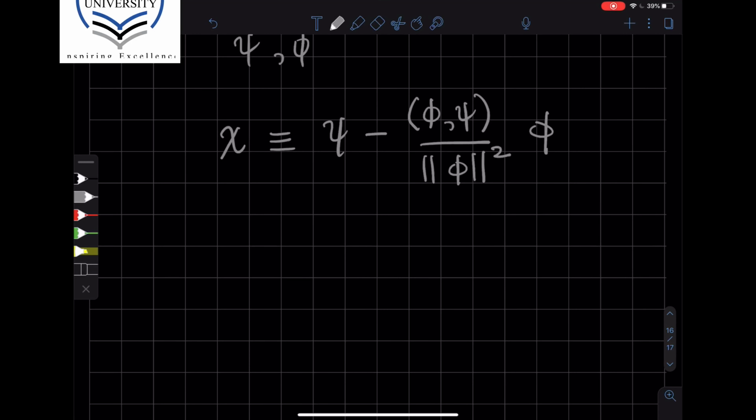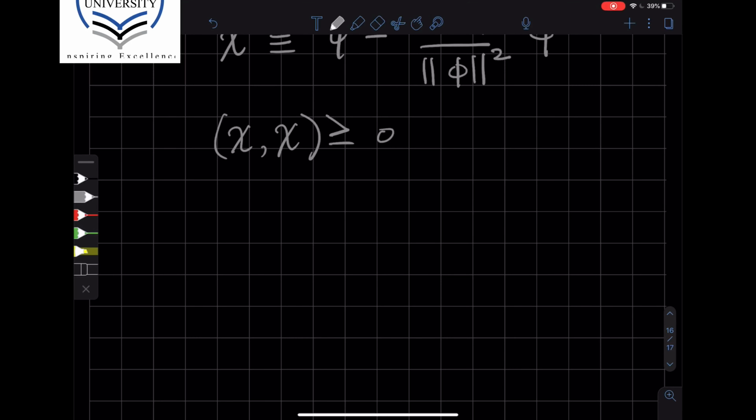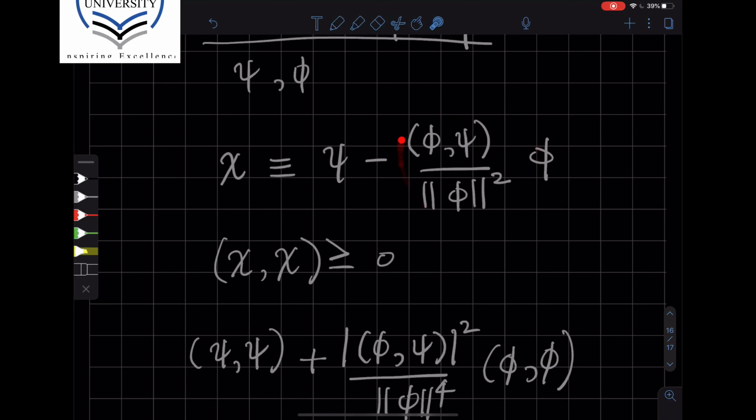Now we know that since chi is a wave function, its inner product with itself is greater than or equal to 0. If we expand this, we get four terms. The first term is the inner product of psi with itself. The second term is the inner product of phi with itself, with the coefficient the phi psi inner product norm squared divided by phi norm to the power 4, coming from the square of this term.